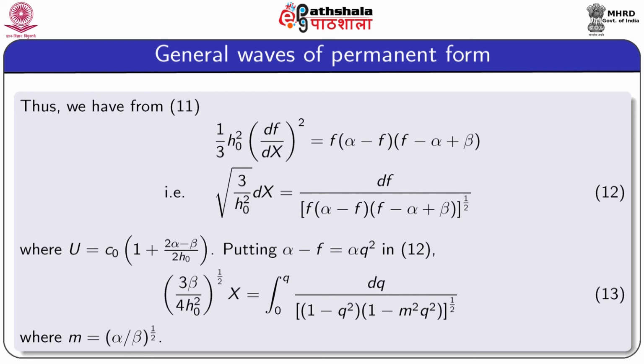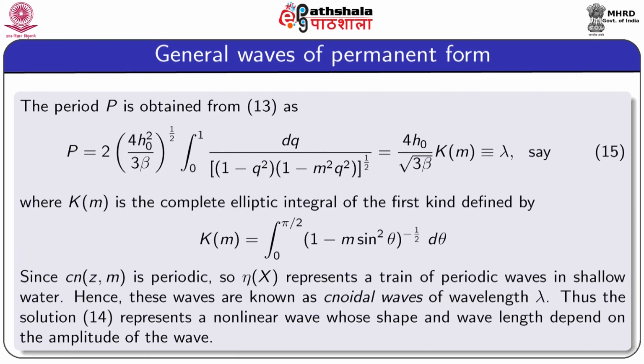From here, we can find the value of the period as P equals, which is written here in equation number 15. Let that period equal lambda, where K(m) is the complete elliptic integral of the first kind, which is defined as K(m) equals integration 0 to pi by 2, 1 minus m sin square theta to the power minus half d theta.